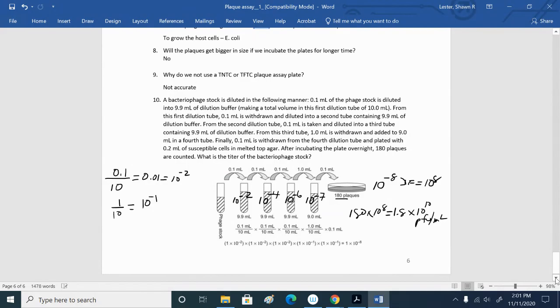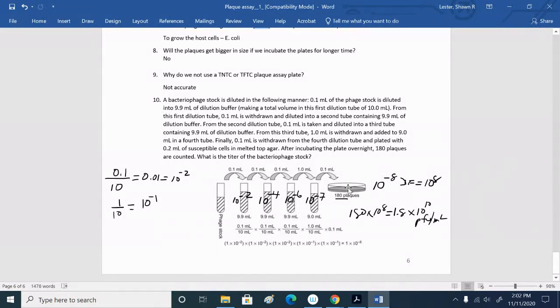Right? So it's just a problem involving different dilutions, either 0.1 into 9.9, which is a 10 to the -2 dilution, or 1 into 9, which is a 10 to the -1 dilution. And so we calculated the dilution in each tube.